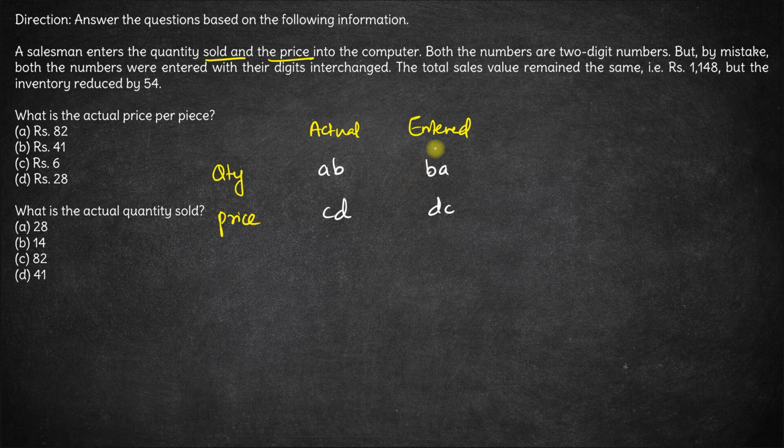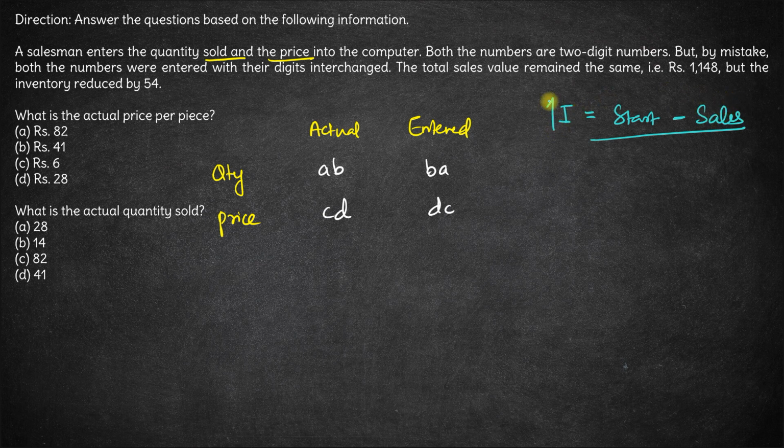Now to solve this question, you don't have to go into all this. If you look at both the questions together and look at the options, even with that you can solve the question. See, what is given is the inventory reduced by 54. Why was the inventory reduced? What is inventory? Inventory is basically the starting amount of quantity that you had minus the number of units that you sell, quantity sold.